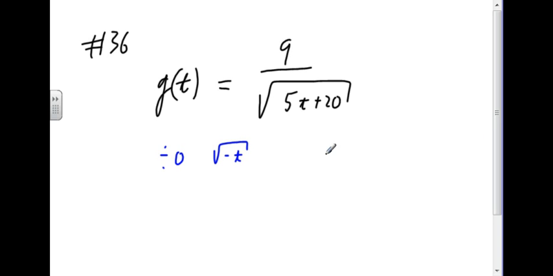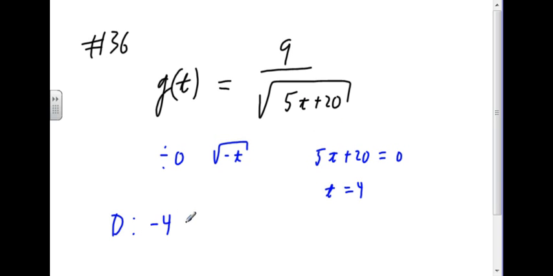Okay, so we ask ourselves, 5t plus 20 is equal to 0, then t is equal to minus 4. So if t is less than minus 4, I'm going to have a square root of a negative number, which is not allowed. If t is equal to negative 4, I'm going to have a 0, and I'm not allowed to divide by 0.